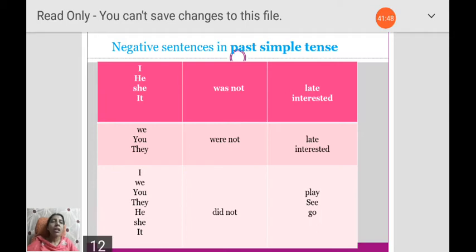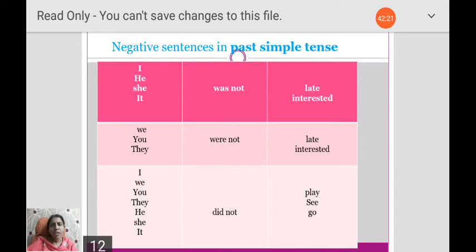These are adverbs, or sometimes they can be adjectives, or any complements, verb complements. So when there are adverbs, adjectives, complements, or noun phrases, that is subject complement, then we use was not or were not.